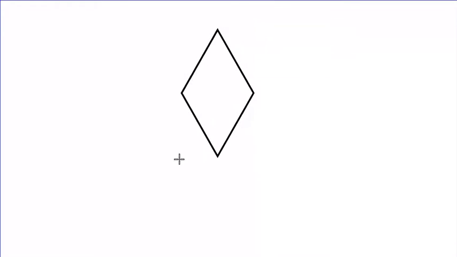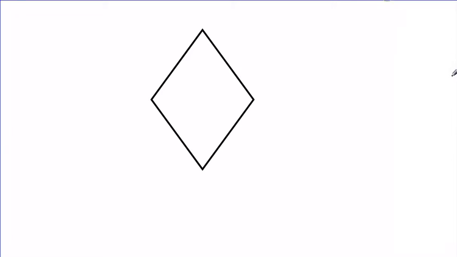So I will draw the rhombus again. This is a rhombus. We said that the four sides are equal. So if you want to get the perimeter of the rhombus, it will be equal to side length times 4.